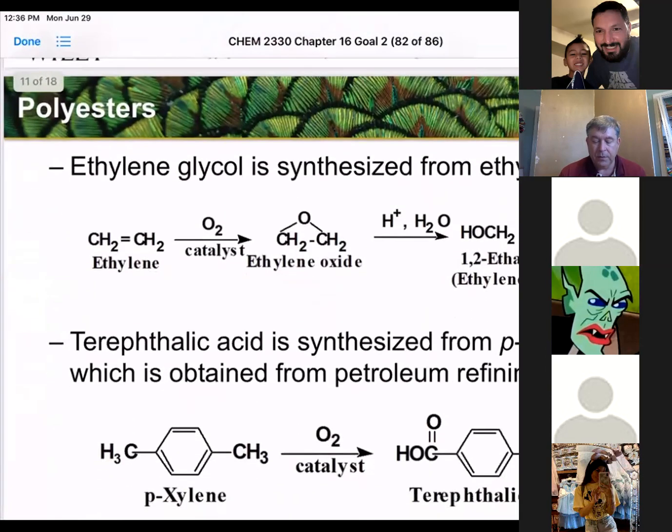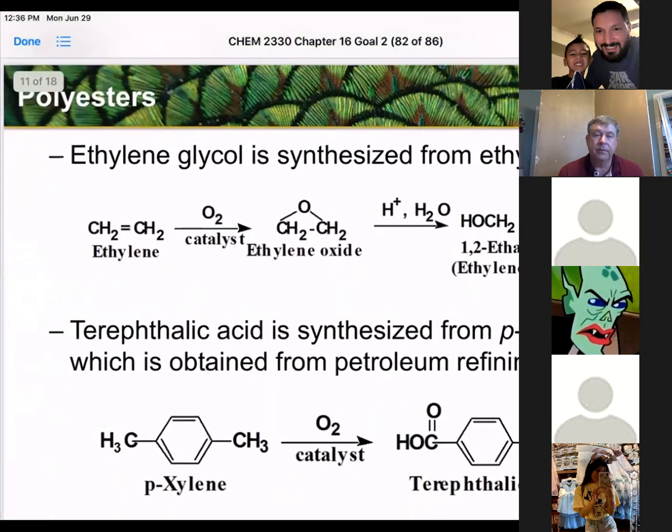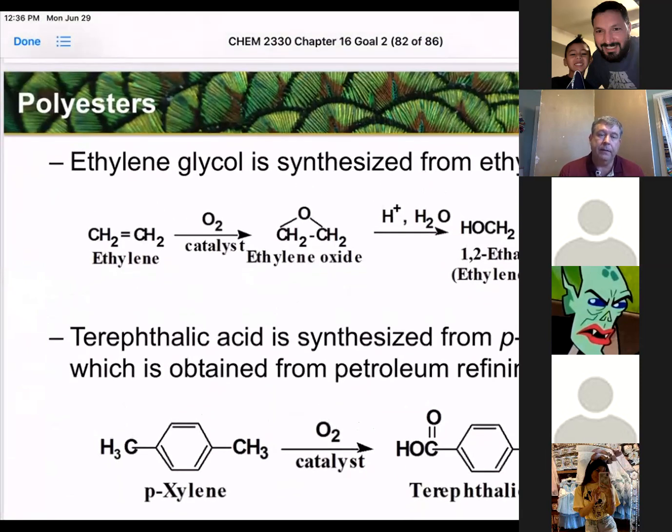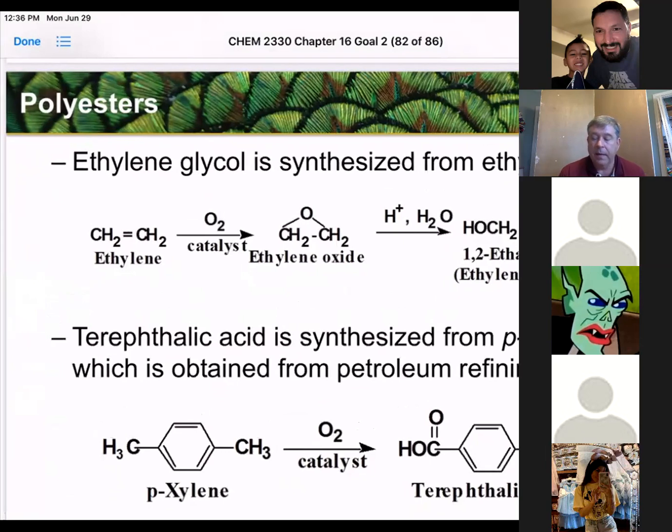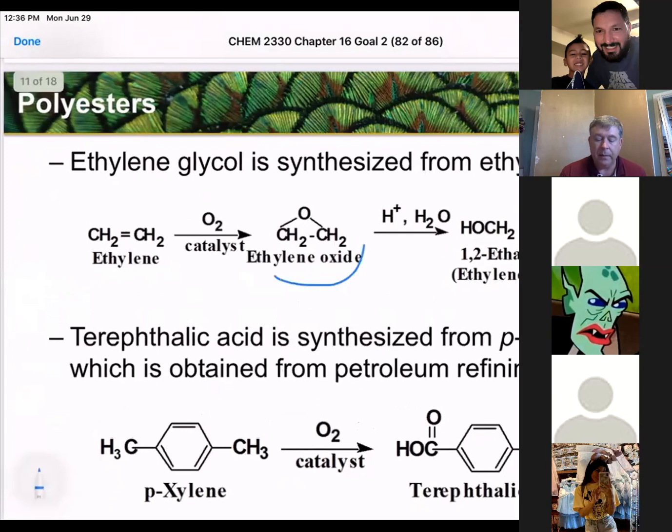Okay, so how do you make ethylene glycol? The way we make ethylene glycol is we typically take ethylene and turn it into an epoxide. And then we learned that we can attack an epoxide with any nucleophile and it will open the ring up. If we attack it with water, we'll end up getting an OH on either side to give us our ethylene glycol.